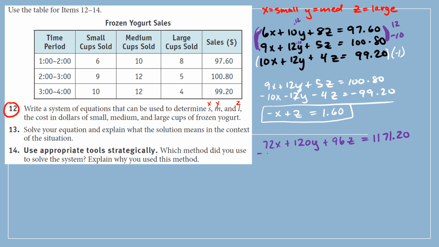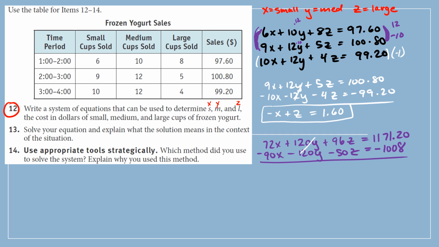On the bottom, we'd have -90x, -120y, -50z, and $100.80 times -10 should give you -$1,008. All right? So again, our y's will cancel.